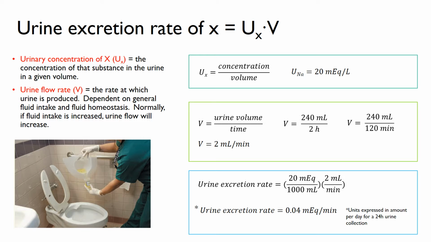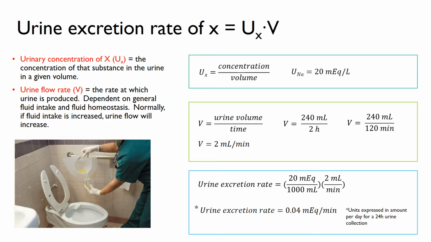So instead of showing 2 mils per minute, you could collect 240 milliliters in 2 hours. If you were to do that, you would rearrange it to show 240 milliliters in 120 minutes, and then reduce it down to 2 milliliters per minute. So you can see how you can go backwards and forwards between hours and minutes.